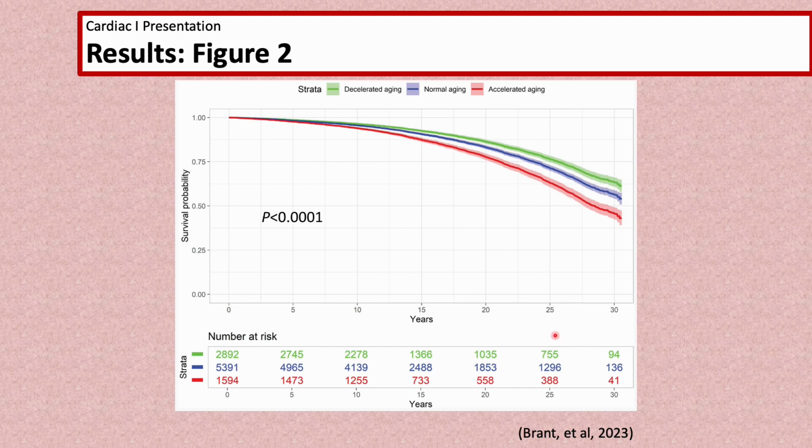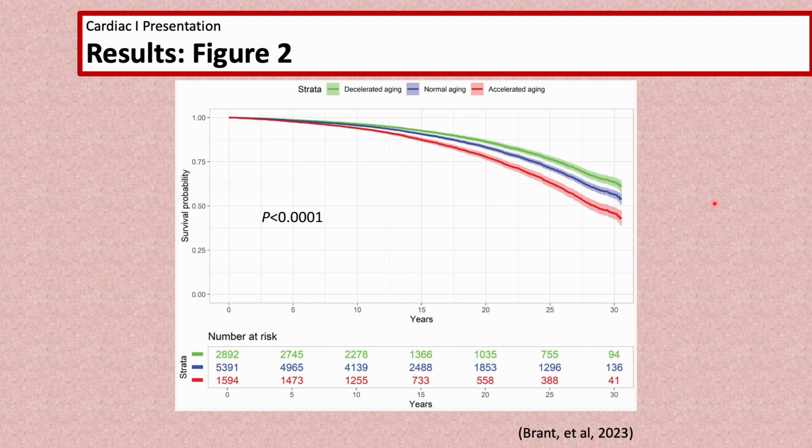And here we see participants with an ECG age of 9 years or more less than the chronological age have a higher survival probability. So they are represented in the green line. So as time increases from when the data is taken, they have a better than average survival probability.